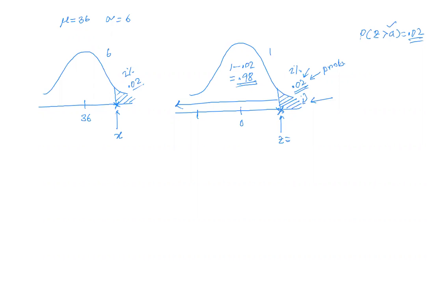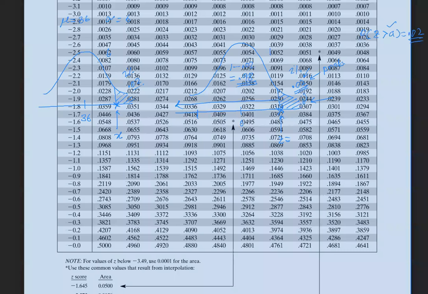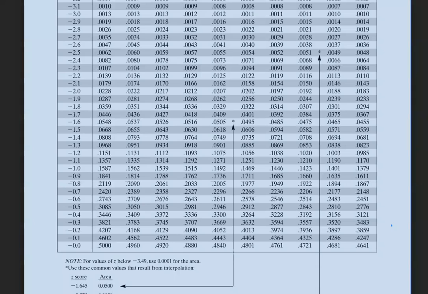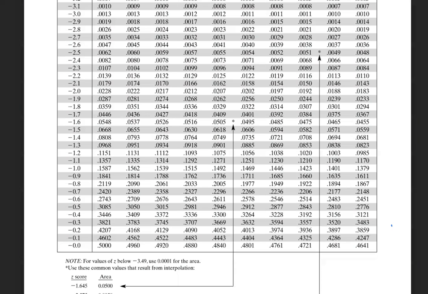Now, let's bring in the table. So I'm looking for 0.98. Don, this is where you may want to pay closer attention. That number is bigger than 0.5.